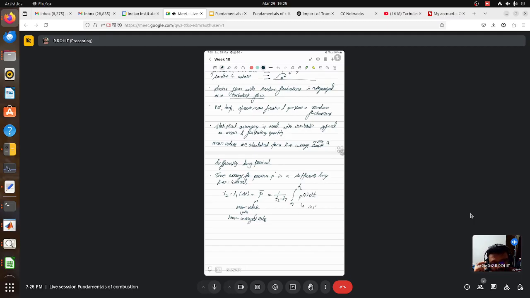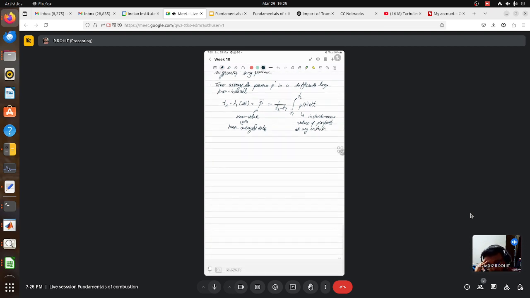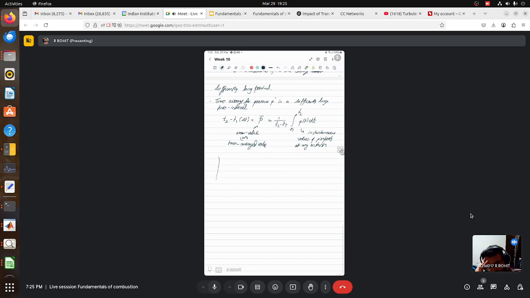V of t is nothing but the instantaneous value of any property that you are interested in at any instant. So say you have your mean pressure, that is P bar, over which you have fluctuations, which is P prime of t at a given point.